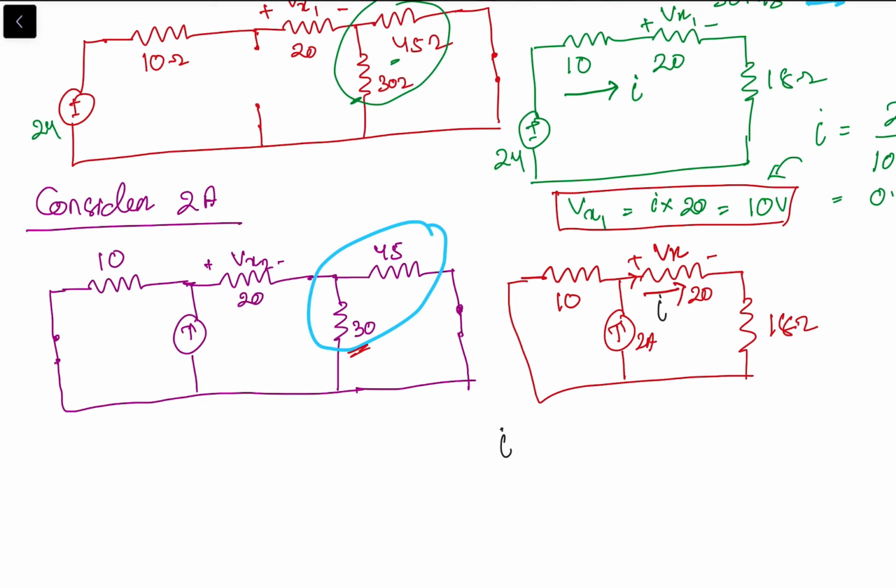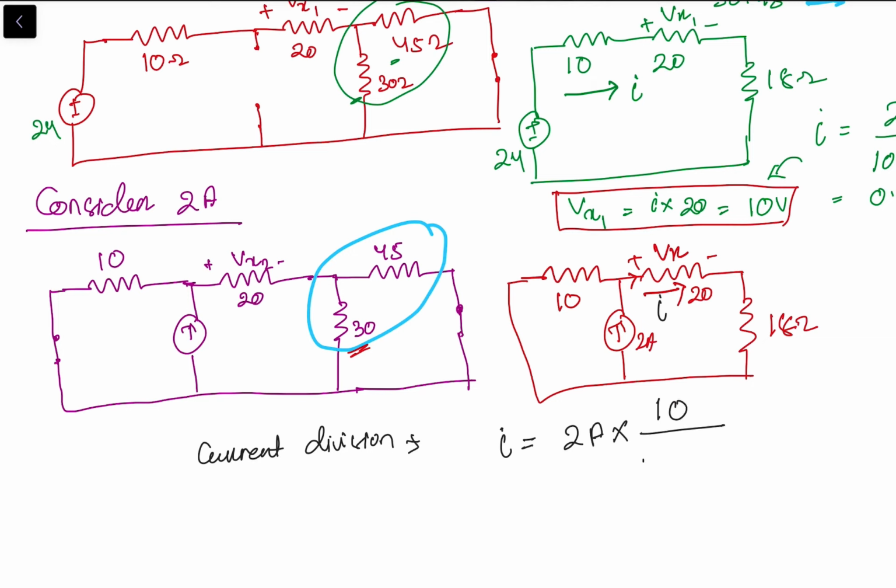So if I apply current division rule, you can use nodal analysis also, anything you can use, that is okay. So current division rule, I know that the total current flowing here is 2 ampere, into, in current division what we do, the other opposite resistance, that is 10 divided by the total resistance.